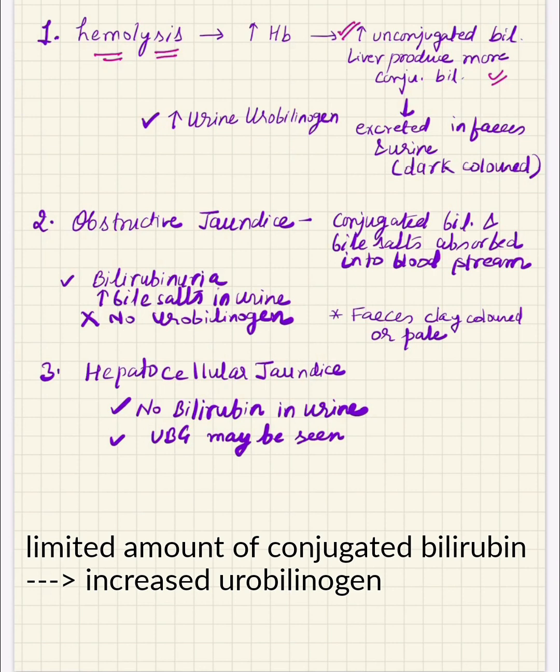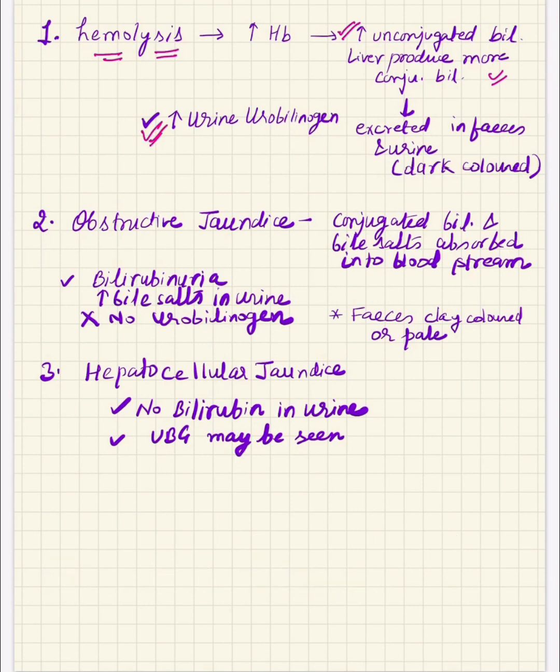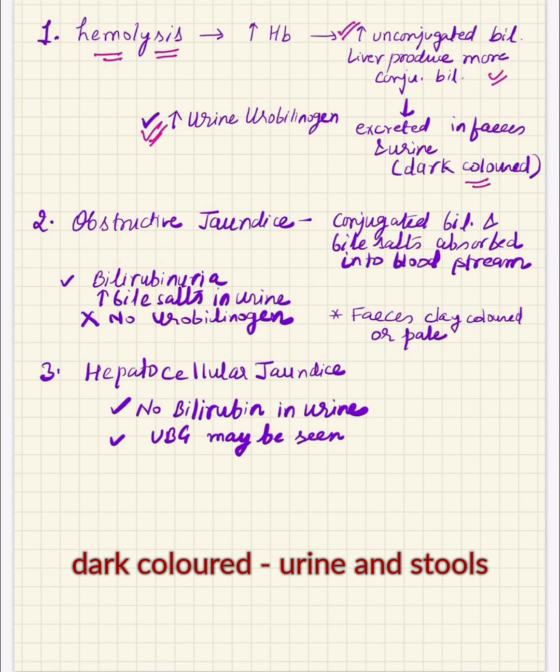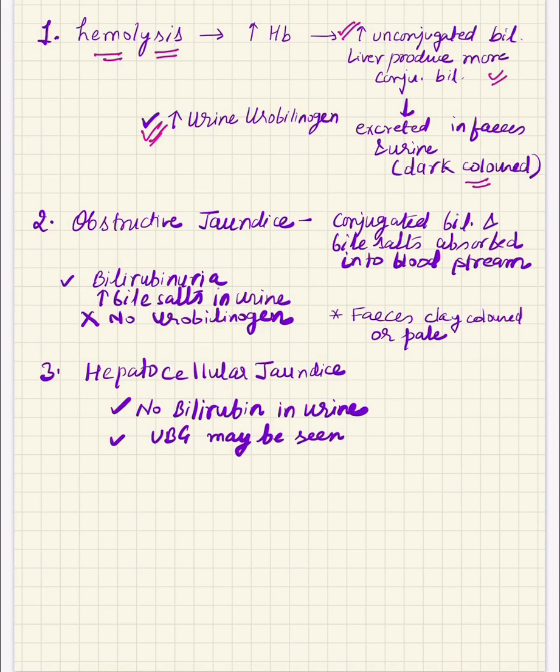So urobilinogen will increase in amount, and it will be excreted in urine and feces. So we get dark colored stool and dark colored urine. So this is the first concept. In hemolytic jaundice, the urinary urobilinogen will increase, and urine and feces will be dark colored.